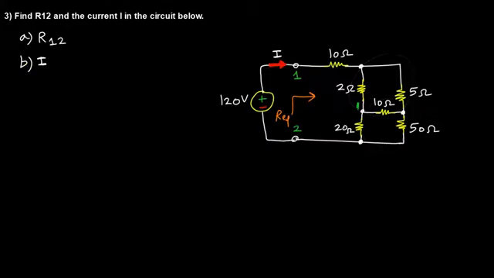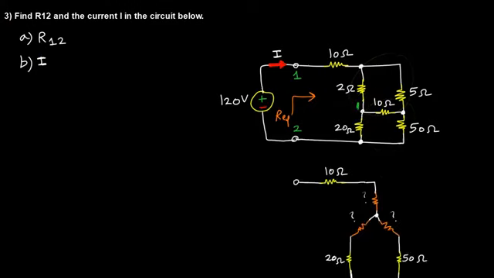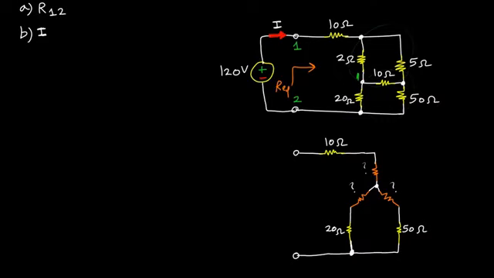So what I'm going to target is I'm going to change my top delta circuit, and what that's going to look like is the following. So we have the equivalent circuit here, and I'm just going to take the voltage source out for now because we're not going to need it until the very end when we simplify the equivalent resistance. So let's remember that our goal is to find the equivalent resistance here.